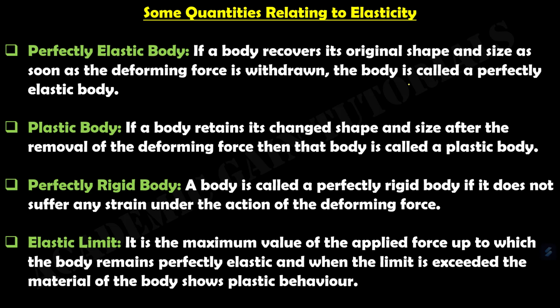Number three, perfectly rigid body. A body is called a perfectly rigid body if it does not suffer any strain under the action of a deforming force. That means when we apply force, it doesn't have any strain. So this kind of body is known as a perfectly rigid body.